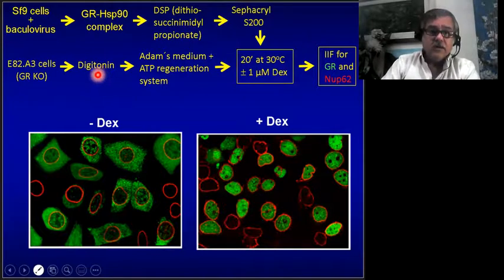After the incorporation of the proteins into the cells, digitonin was washed out and cells were stimulated with dexamethasone. It can be seen that the green fluorescence of GR by indirect immunofluorescence is entirely nuclear.